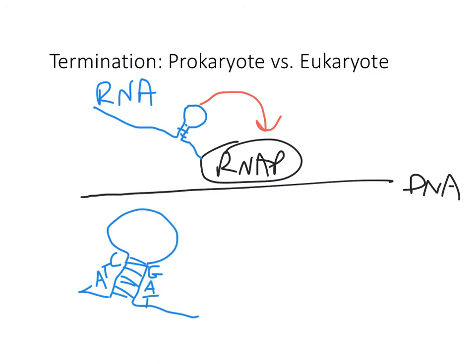So these ones don't have a polyadenylation signal sequence. They don't do the polyadenylation. This is how transcription terminates in many prokaryotes. There is a specific sequence in eukaryotes, AAUAAA. But in prokaryotes, the sequence itself isn't important.